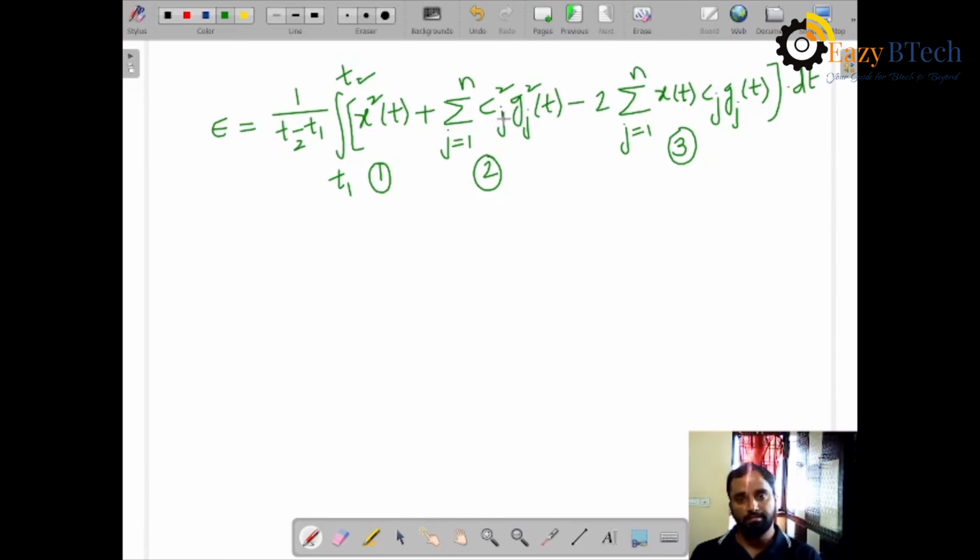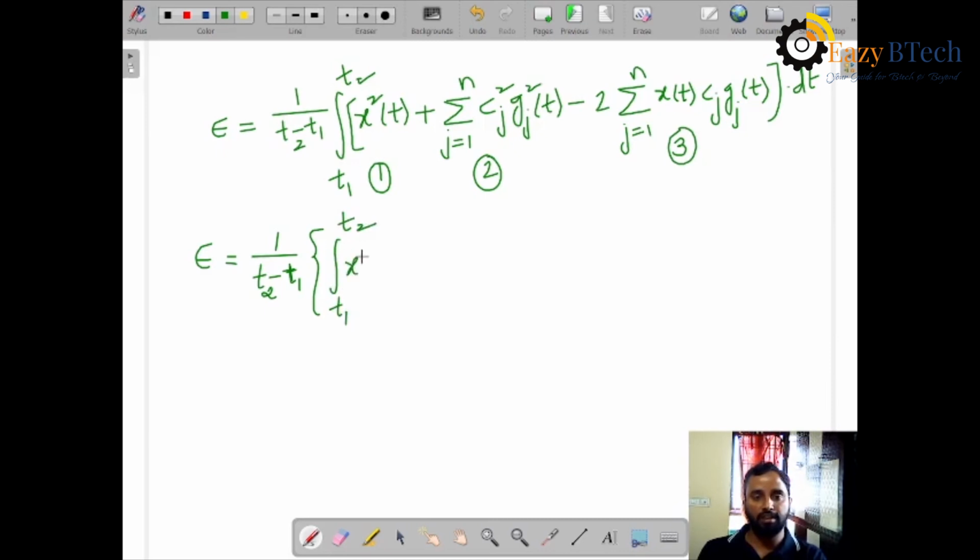I am giving numbering for clarity. Here cj square is a constant, so I will write the integration of gj square of t dt separately. So 1 by t2 minus t1, and what is the first term? Integral t1 to t2 x square of t dt.